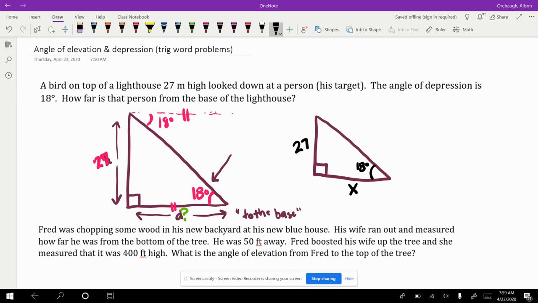Now when you see it like this, it's basically a problem that we had been doing yesterday and the day before. Let's first ask ourselves, which angle are we talking about? We're talking about that 18 degree angle. And which sides do we know? Well, we know opposite, and it looks like we know adjacent. We do not know the hypotenuse.